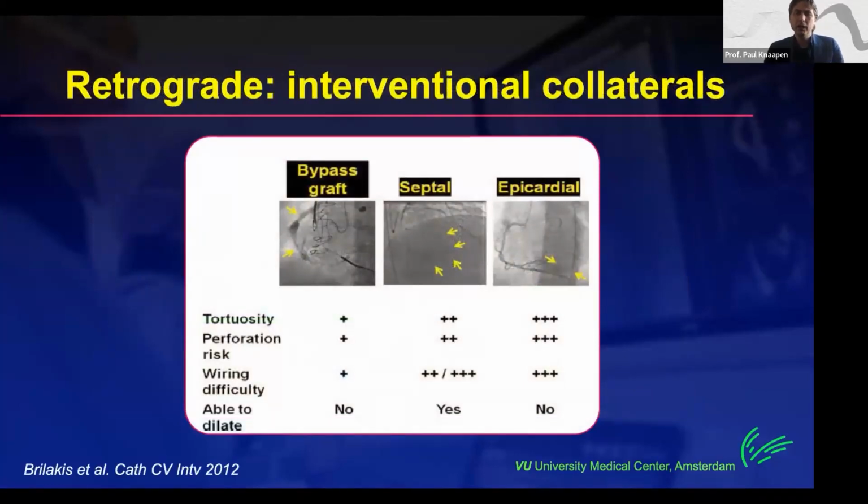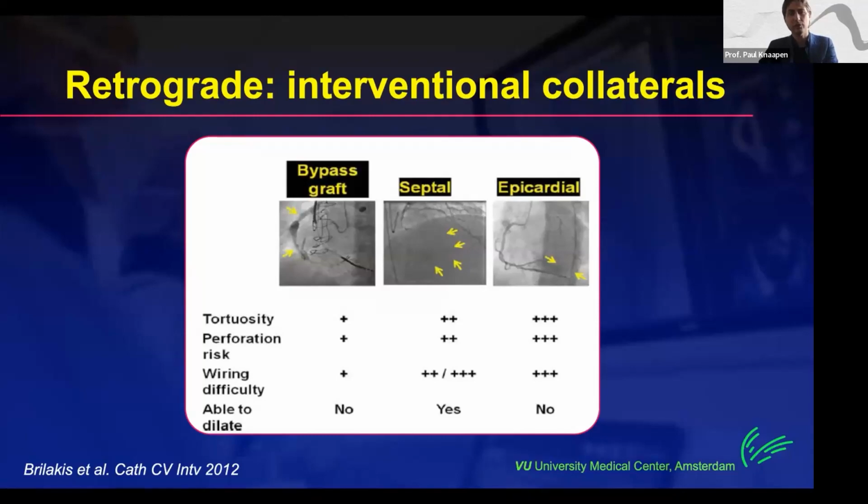We have interventional collaterals, either by bypass grafts, septals, or epicardials. Bypass grafts are usually easy, although they may have an angle that's unfavorable. Septals are usually benign, and even if you don't cross or perforate, they have a limited consequence for the patients.